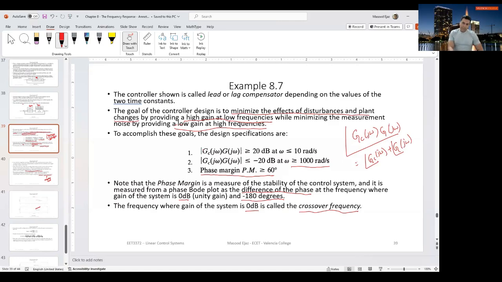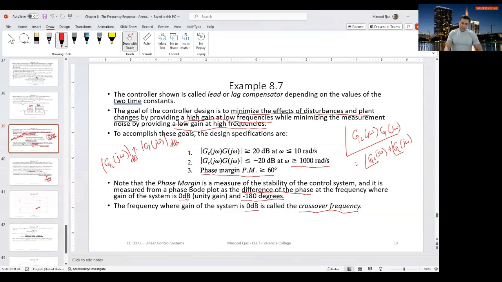And likewise, when you're calculating the magnitude in decibel, GC(jω) in decibel is going to be added to G(jω) in decibel. If you're not calculating in decibel, of course, that's going to be a product. But once you convert the product into decibel, you multiply 20 log 10 of this, then you can write that down as 20 log 10 of GC(jω) plus 20 log 10 of G(jω). So that's going to be GC(jω) in decibel plus G(jω) in decibel.